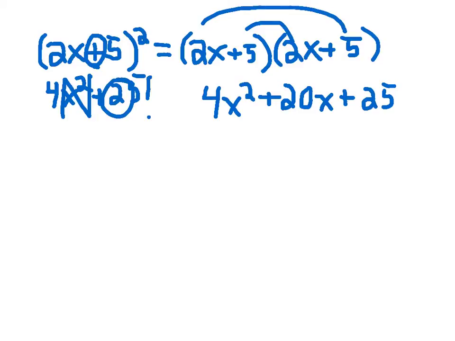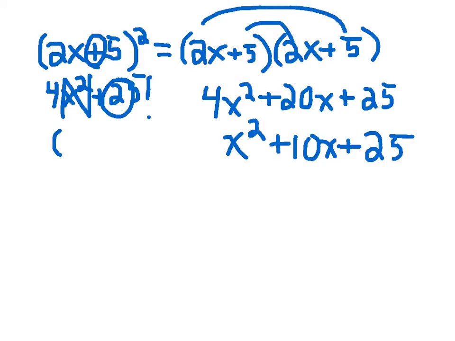Let's line up the two different perfect square trinomials that we've seen. The first one was x squared plus 10x plus 25. That's what we got when we said x plus 5 squared. And I want you to think about the fact that if I am squaring this, the expanded form is 2x plus 5 times 2x plus 5.